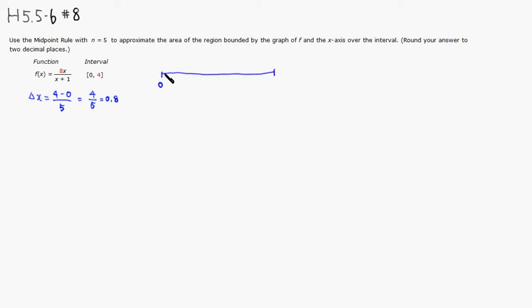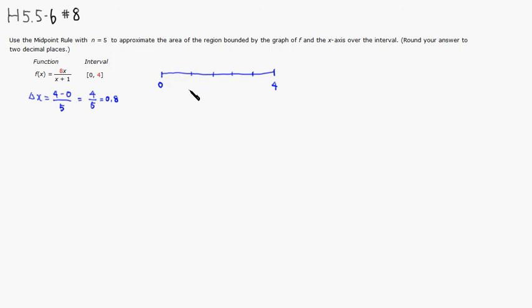Right, so if you look at the interval from 0 to 4, we split that into 5 pieces. So here, around here, here, and here. Each delta x is 0.8, so that will be 0.8 here.